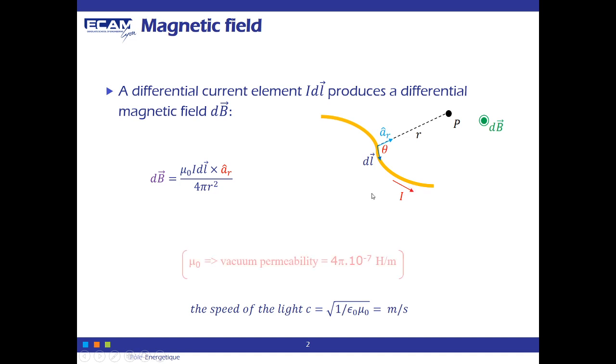We also defined a new, somewhat universal constant, the permeability, the parameter which lets us understand the ability of the medium to be magnetized.